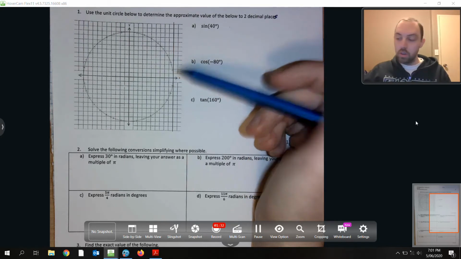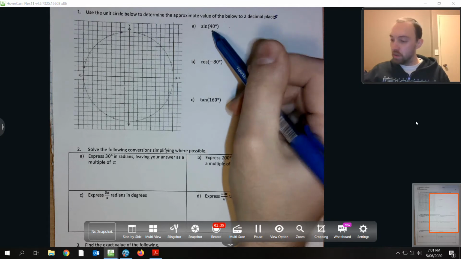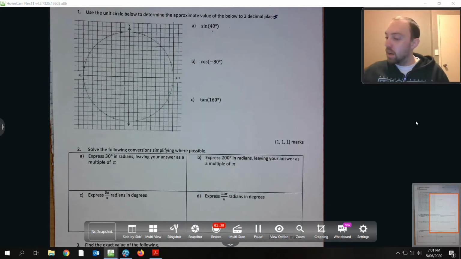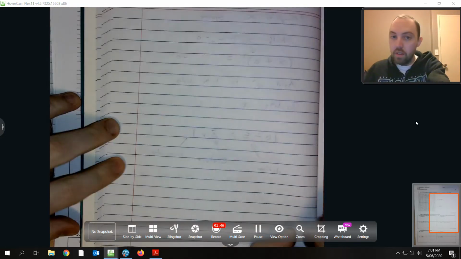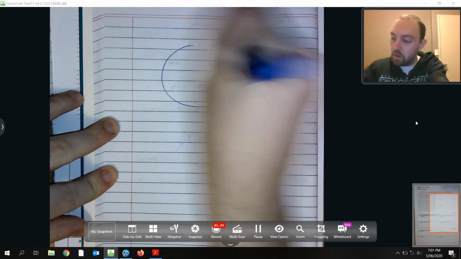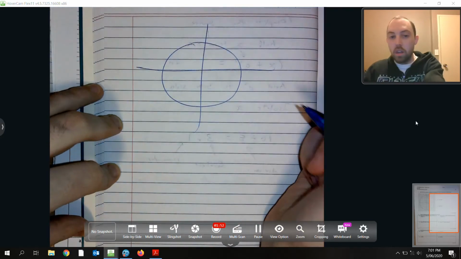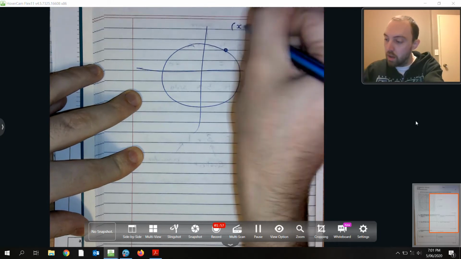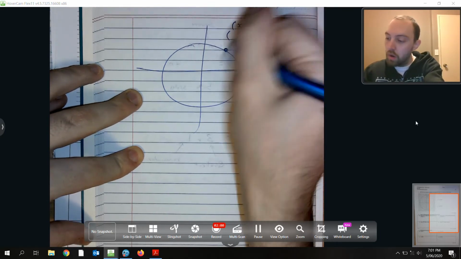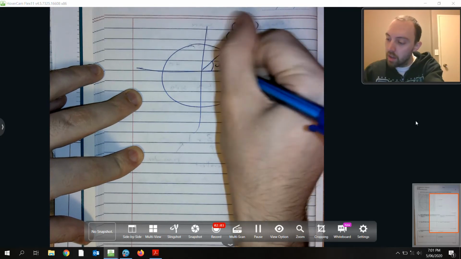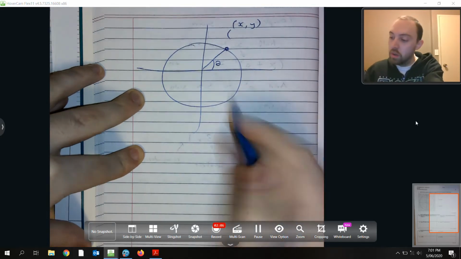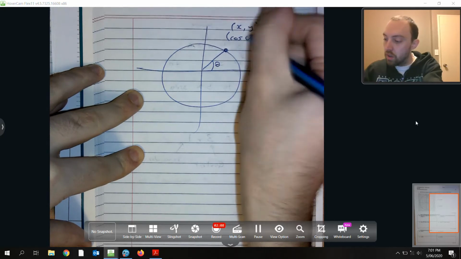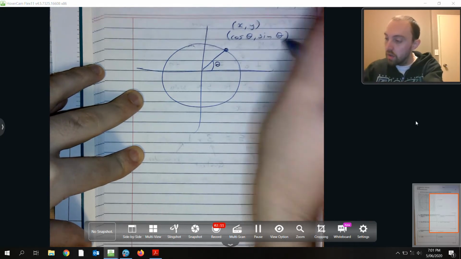Okay, so sine of 40 degrees, we are thinking about our unit circle. Any point on my unit circle, let me do some side notes here. Any point on this unit circle can be described as x, y, or as some description from your theta here, cos theta, sine theta.